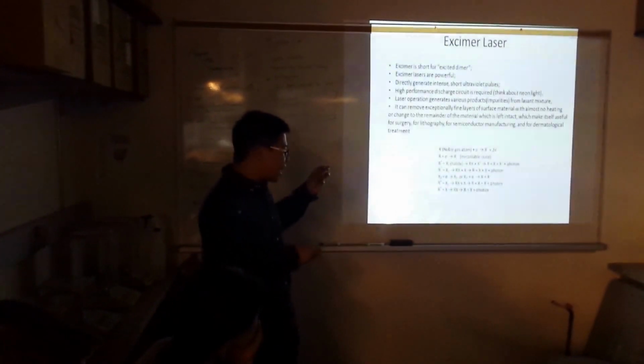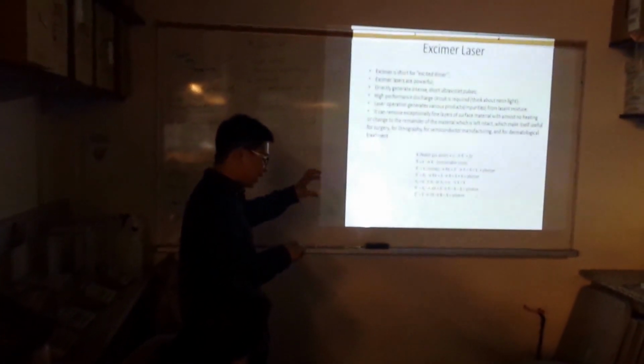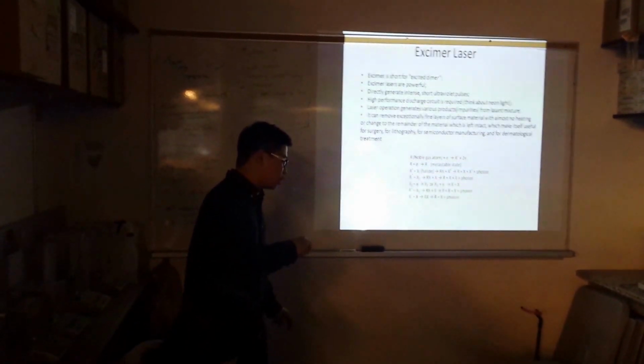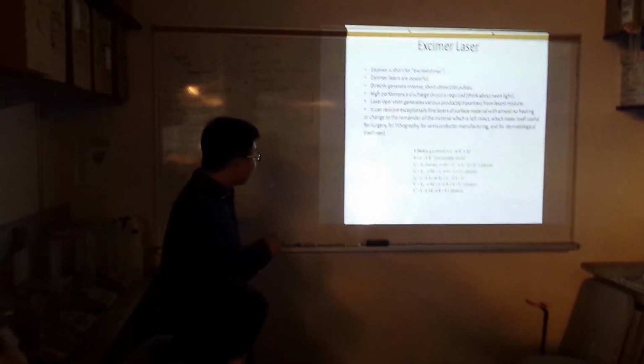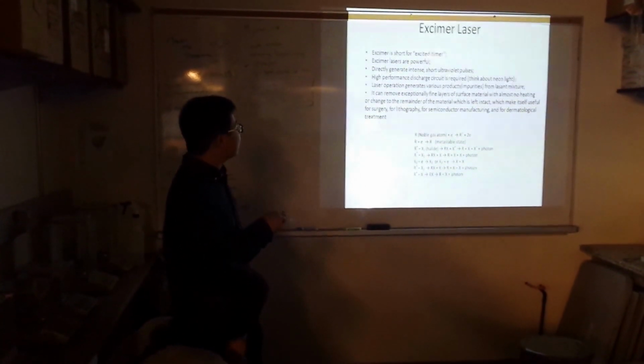And when it collides or forms some metastable state or the final product, it emits photons in order to reach a stable state. And it's really a high performance laser here.